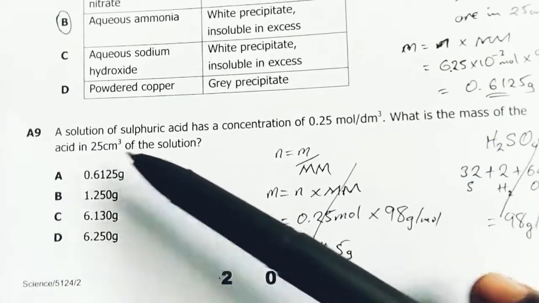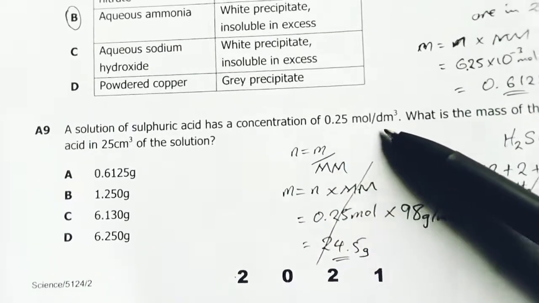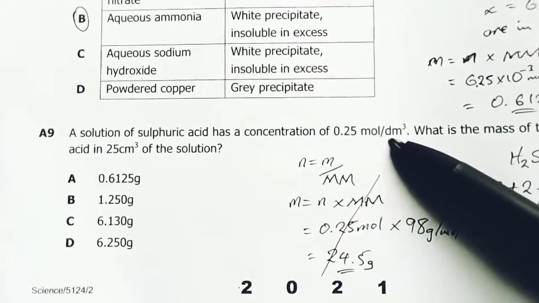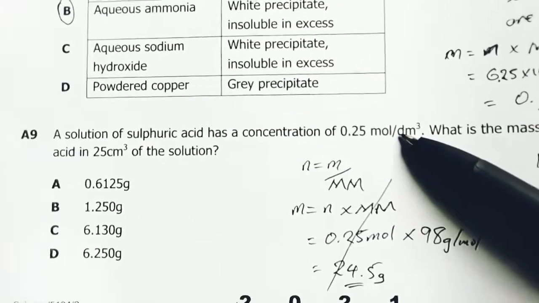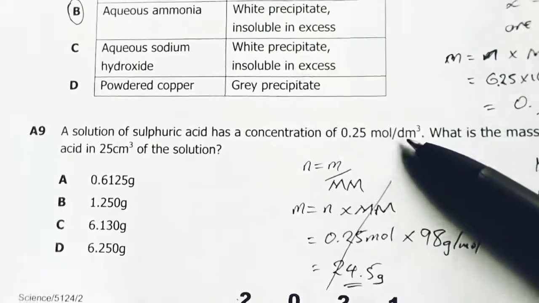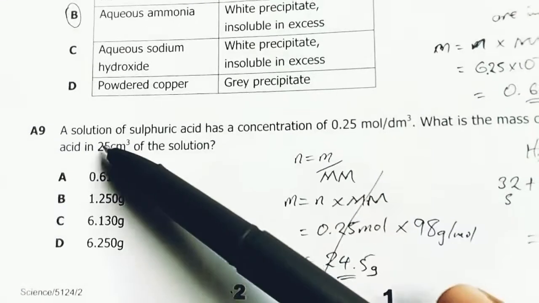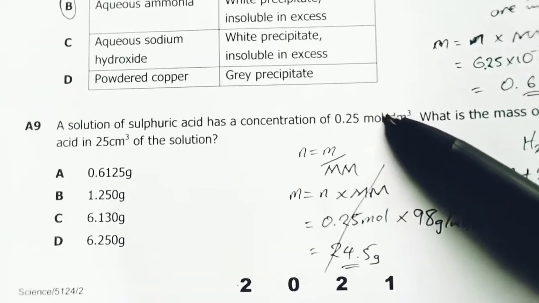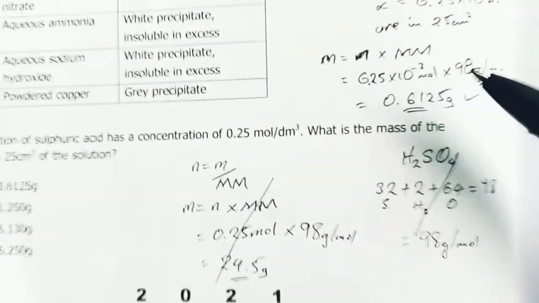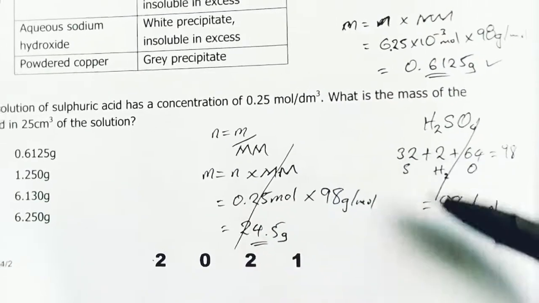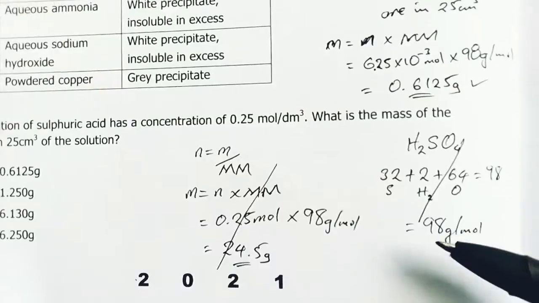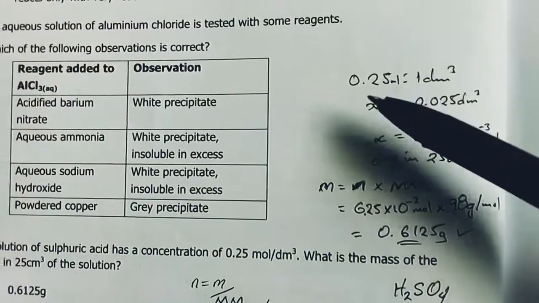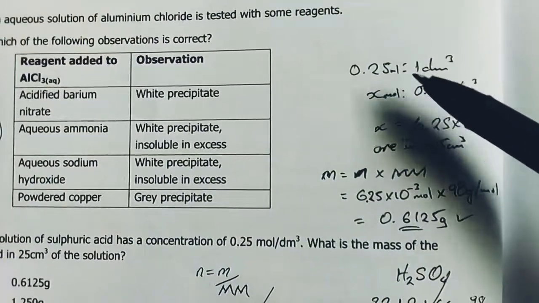Then I realized this is 0.25 moles per liter. This is 1 liter. But in volume terms, it's referred to as decimeter cubed, or cubic decimeters. And now they're saying in 25, meaning you just get 25 cubic centimeters from this 1 liter. So I quickly changed it. I had to make this comparison.